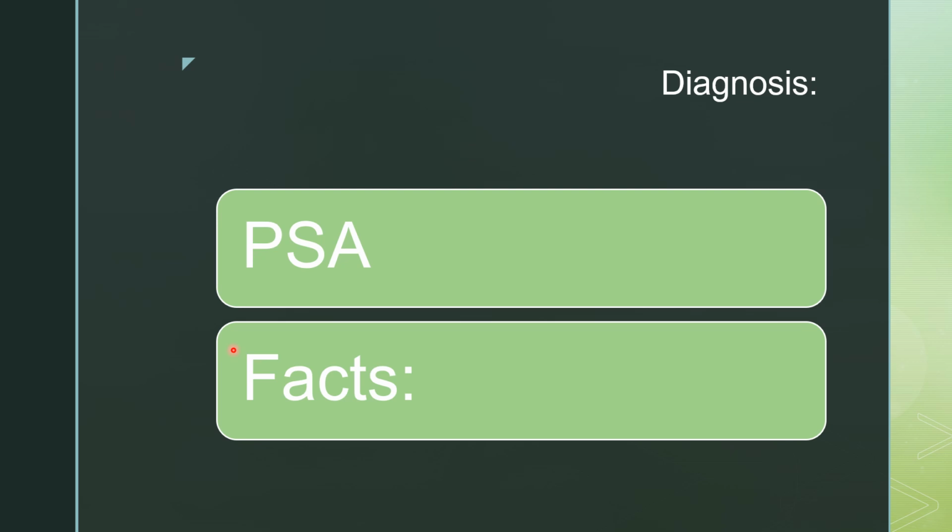Some establishments, some jurisdictions will even help the man by going lower, setting the bar pretty low to 2.5 nanogram per mil. That at the level of PSA of 2.5 nanogram per mil, more investigation should be done. Some authorities will put PSA between 4 to 10 nanogram per mil as the borderline range.